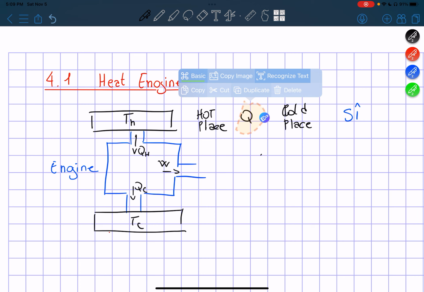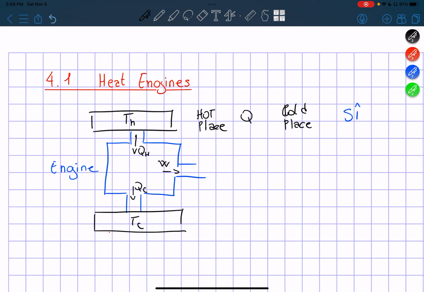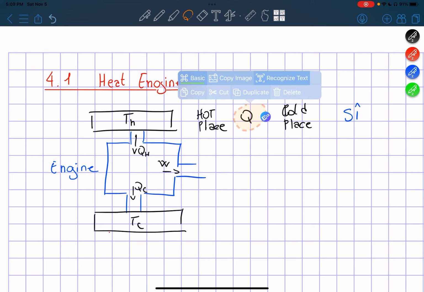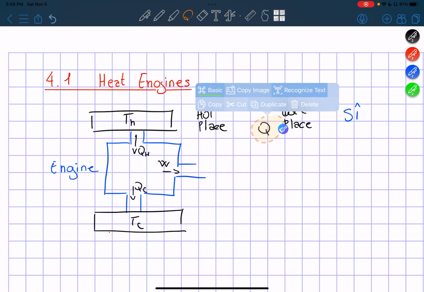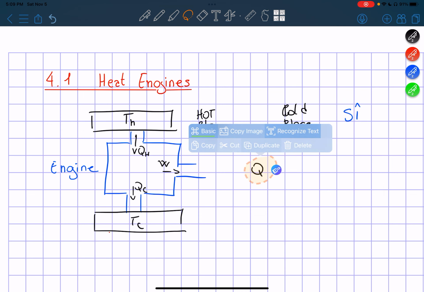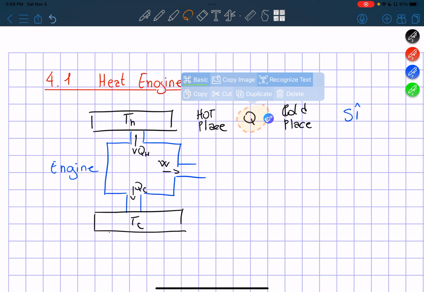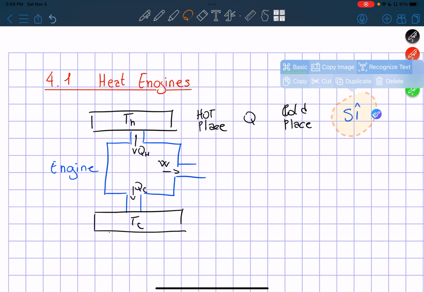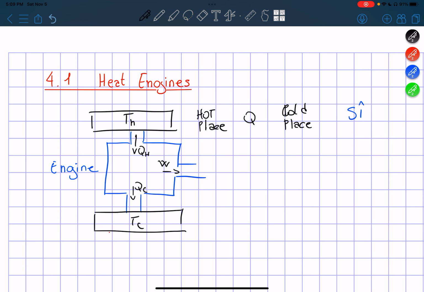Therefore, we need to dump some of the heat, as much as we can, into an even colder reservoir, where we are losing some of the heat that we absorbed, but we are getting rid of this entropy that has been created. And of course, this means that not all of the heat can be used for work.